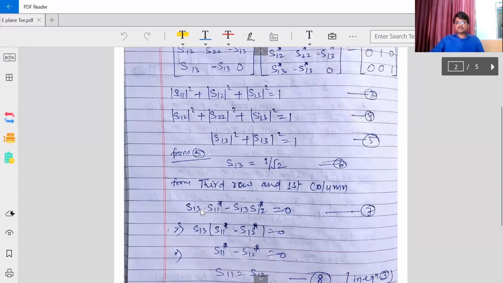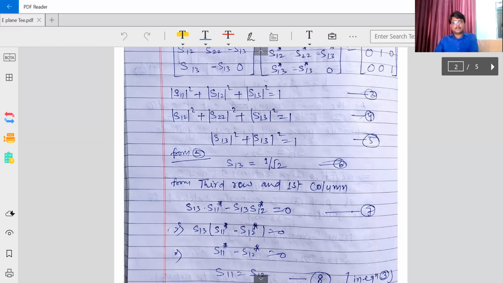S13 is common in both these terms, so we take it common: S13 into S11 conjugate minus S12 conjugate equal to 0. We take this term to the right hand side, so S11 conjugate minus S12 conjugate equal to 0, means S11 conjugate equal to S12 conjugate. So conjugates are equal, so the values will also be equal. So S11 is equal to S12.